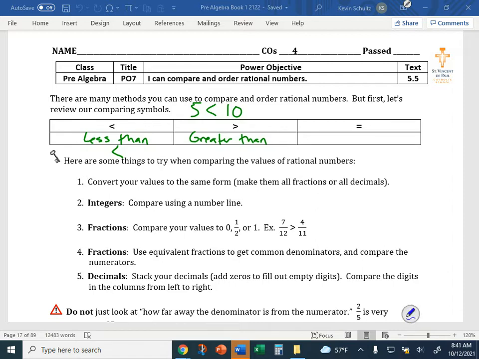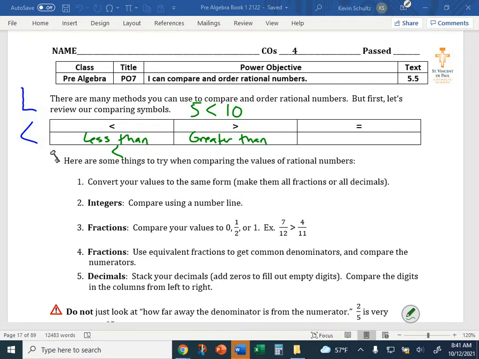If you take an L and you squoosh it together, you get the less than symbol, right? So that's what I used growing up. But whatever works for you is great. But know the difference between those two symbols, whether it's the pointing or the alligator or the shark or the L, whatever it is.